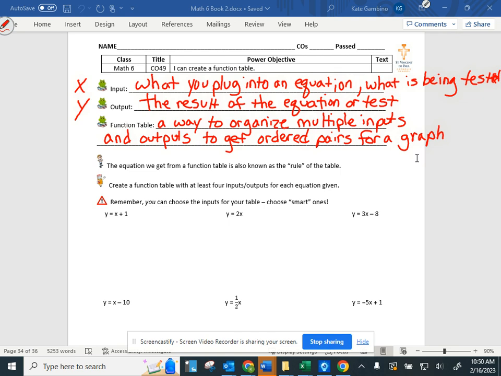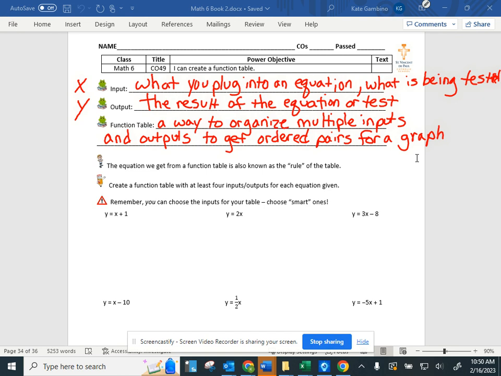If I get to choose 4 inputs, I'm going to choose 4 x's. Am I going to choose a number like 125? No, because that's a big number. Why do I want to complicate my life? I'm going to use numbers that work well so I don't overcomplicate it. Keep it simple so you don't make those simple mistakes.